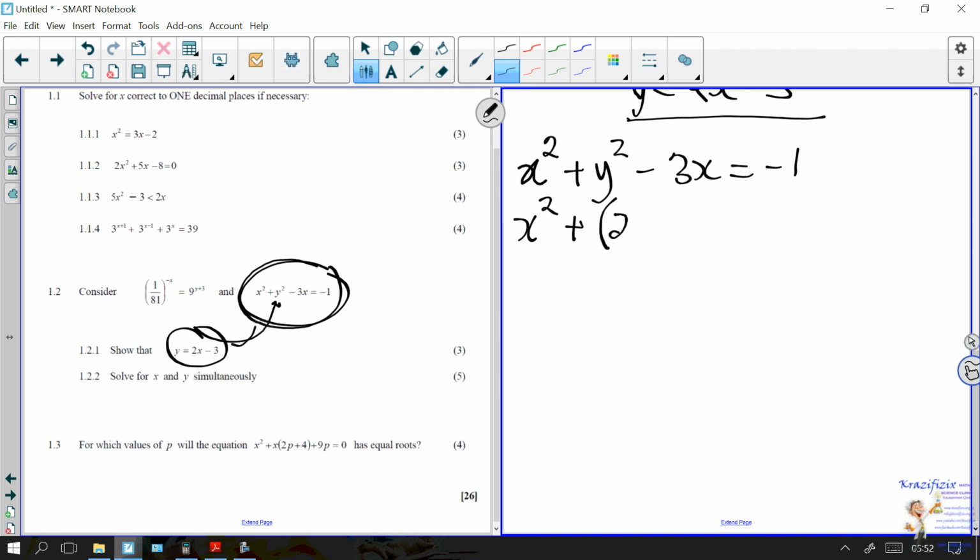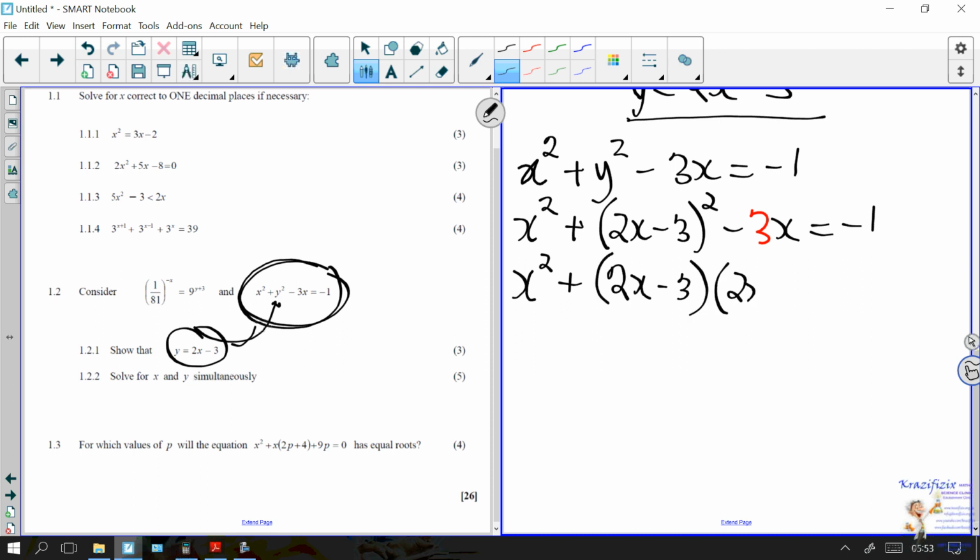My y is 2x minus 3 squared, minus 3x equals negative 1. For grade 10 purposes, we are going to quickly show you how to expand. x squared plus (2x minus 3)(2x minus 3) minus 3x equals negative 1.